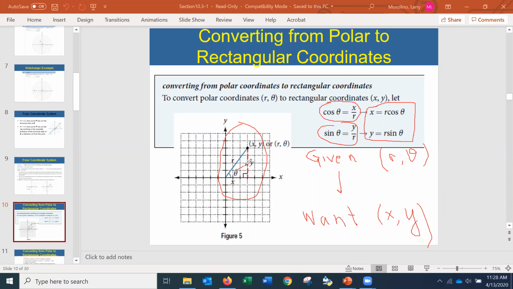Well, sine theta is opposite, which is y, over hypotenuse, which is r. So that's where this formula comes from. It's just opposite over hypotenuse using this diagram. Then just cross multiply. If you were to cross multiply this fraction, you would end up with this formula: y equals r sine theta.